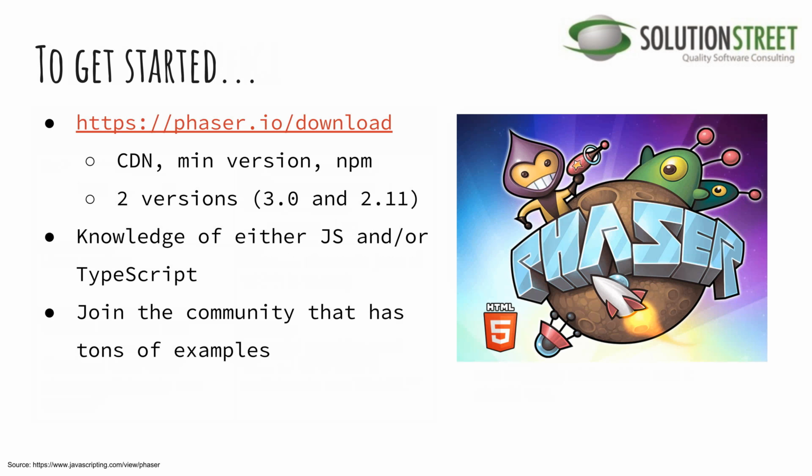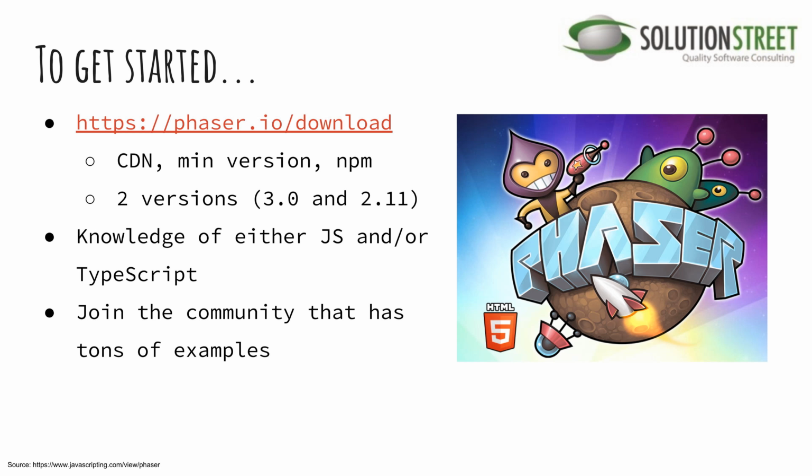How do we get started? There's the download link for Phaser. It can be delivered through a CDN, a minified version, and it can even be installed through NPM. Right now, there are two versions of it: 2.11 and 3.0. The big difference between them is how we code, but there are a lot more similarities than differences.